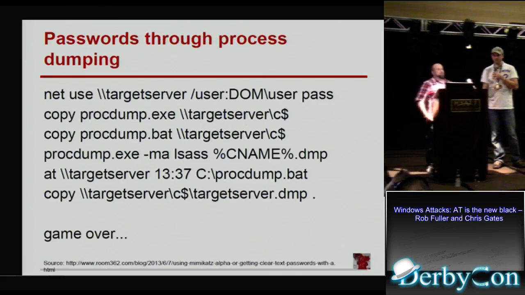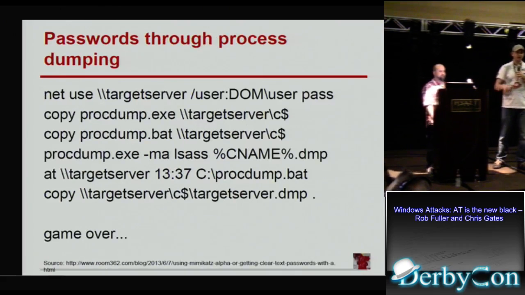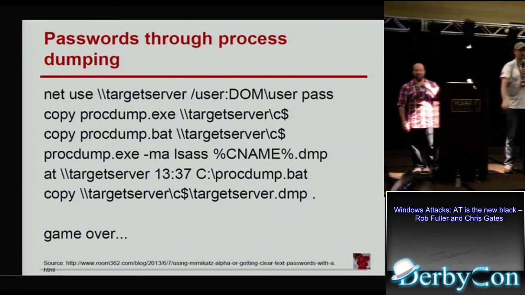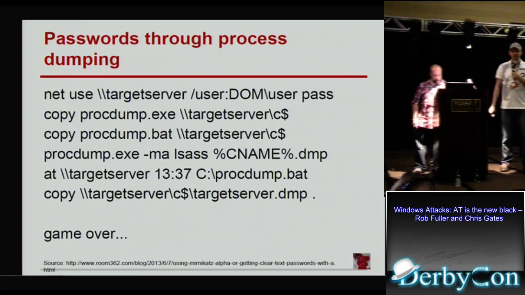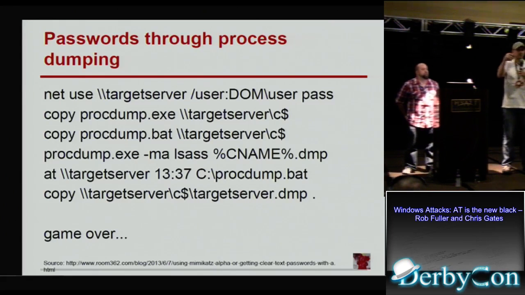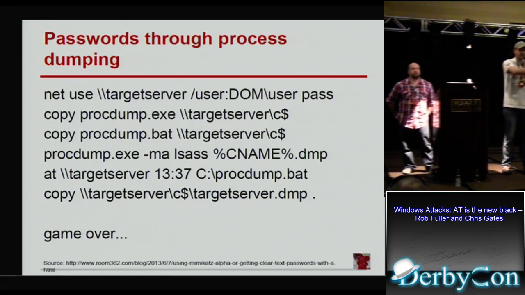Passwords through process dumping. So Mimikatz is awesome, but what if you don't want to put your evil binary or your interpreter on the system, or it has application whitelisting or whatever? Well, all you do is throw procdump on it and dump LSASS's process. Procdump is a Windows Sysinternals tool signed by Microsoft.